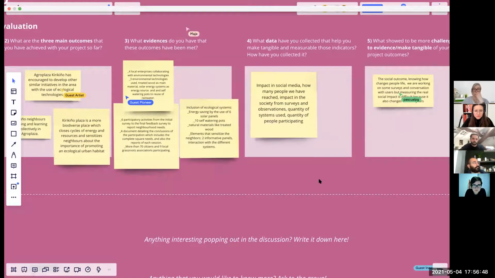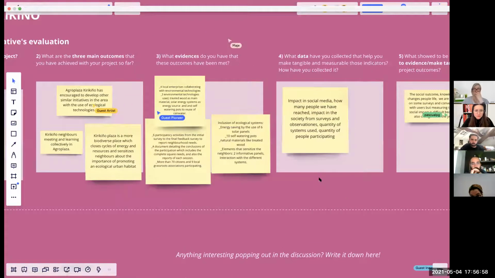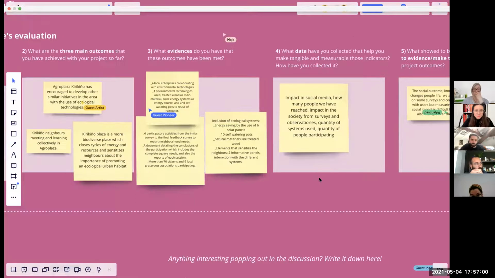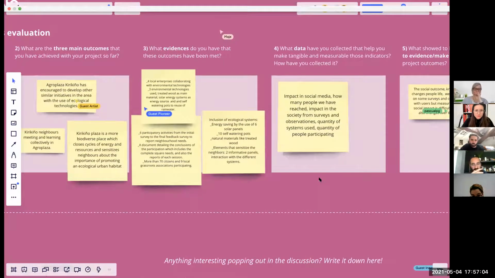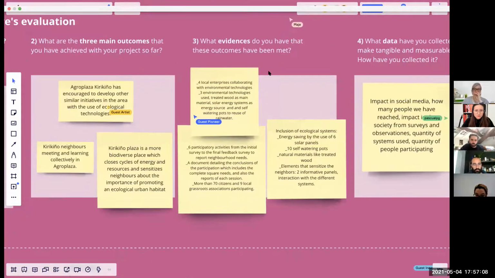Also, the participation between neighbors and local enterprises, and to become a more biodiverse place, the square, because now it's a hard square.